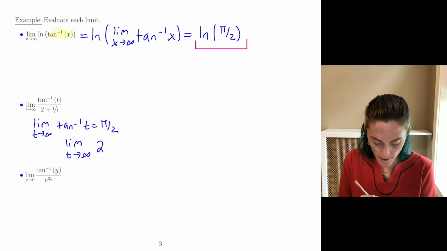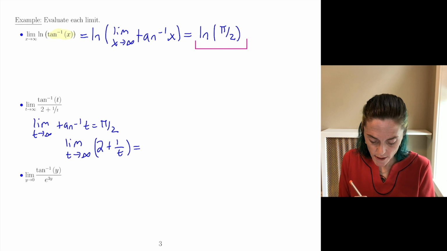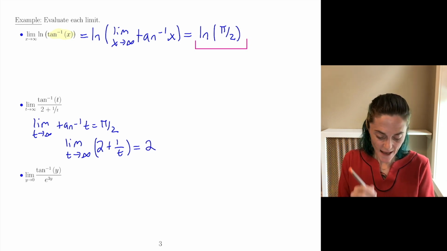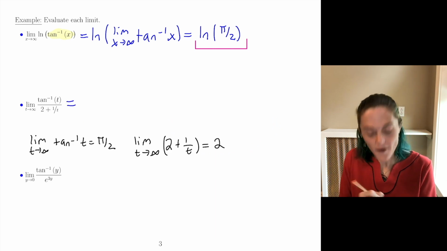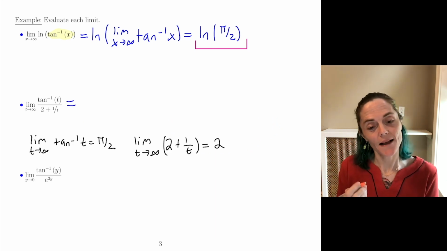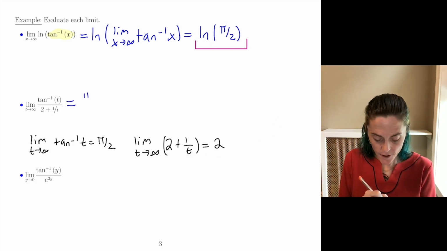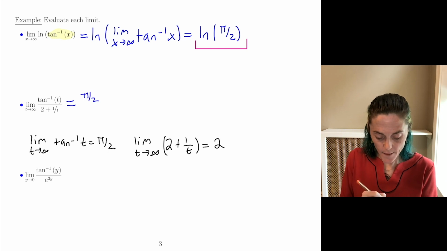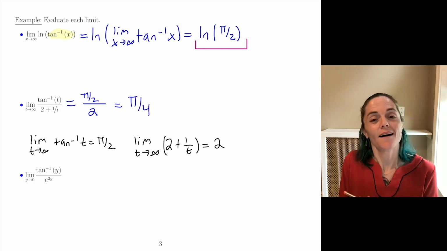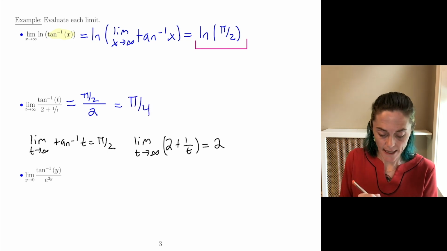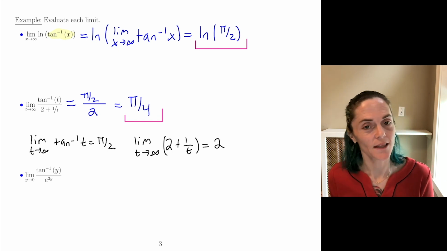So the denominator approaches 2. Okay, let's move this around slightly. Therefore, the quotient approaches pi over 2 divided by 2, which is pi over 4. Once again, I'll leave it like this. This is an exact answer. This also was properties of limits.